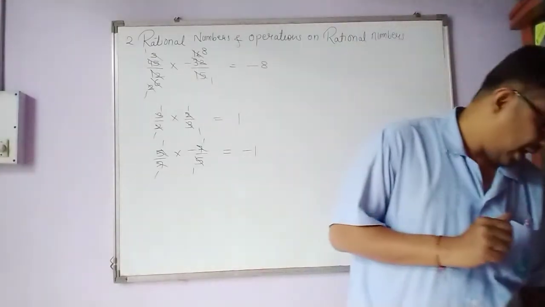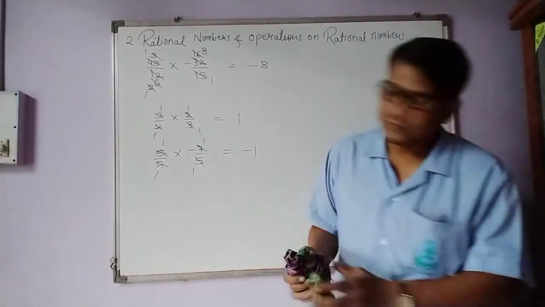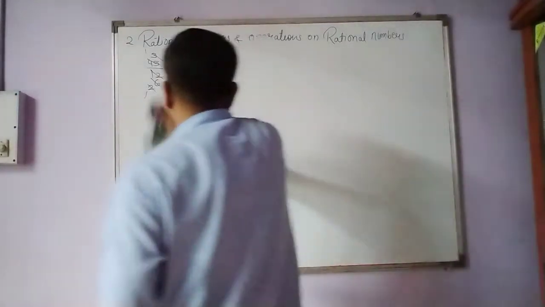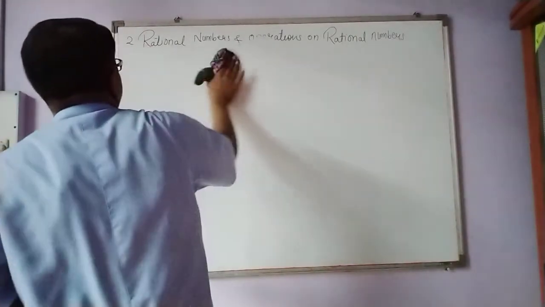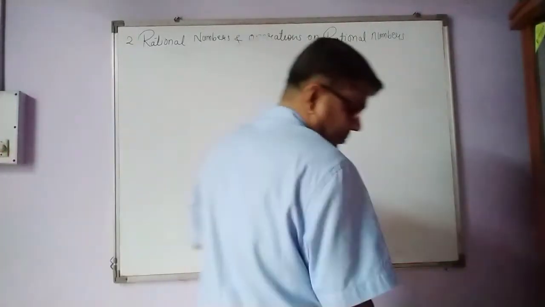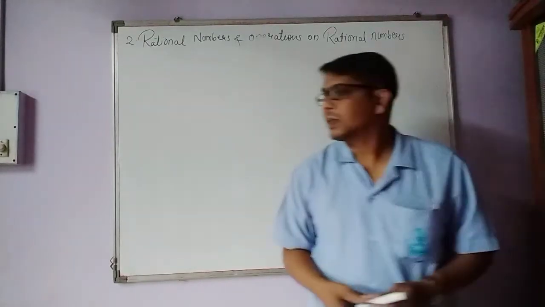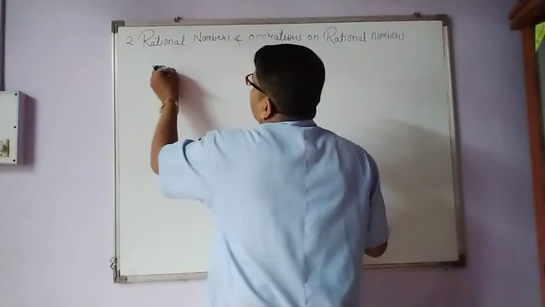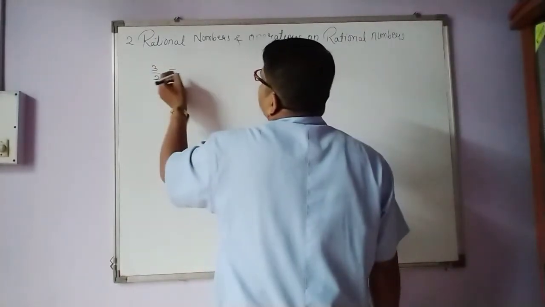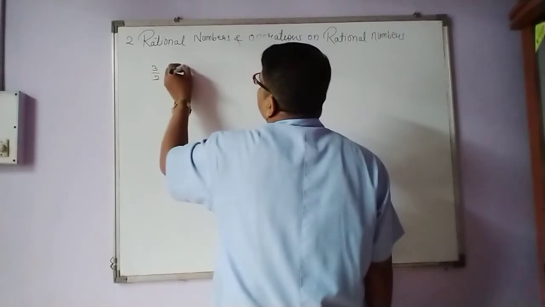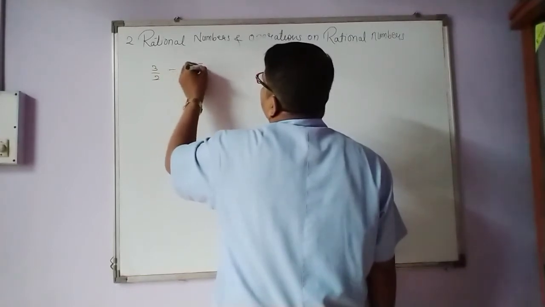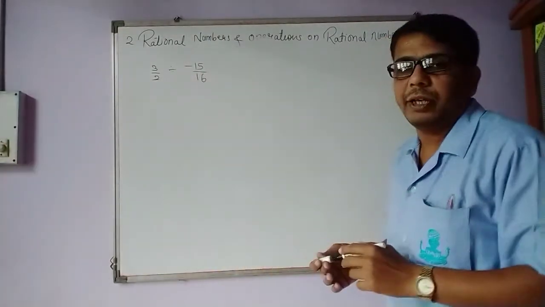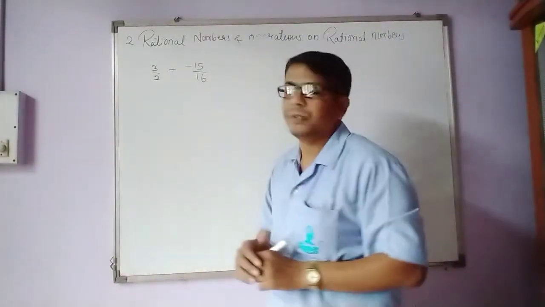Now, after that, division. So division, the last operation, division of rational numbers. If you divide one rational number by the other, for example here, 3 upon 2 divided by minus 15 upon 16.